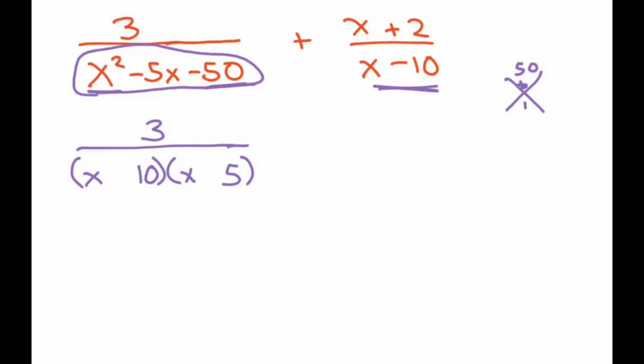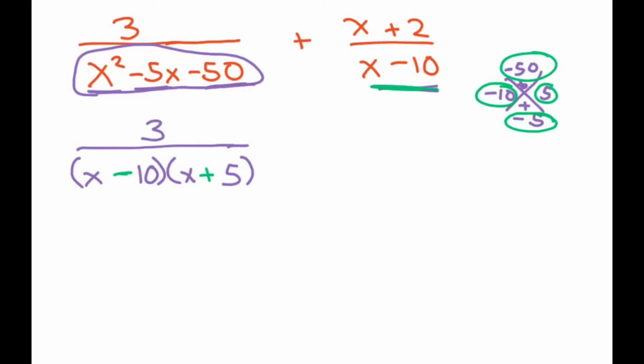And then when we're combining them, we want a negative 5. We want a negative 50. So since we have a negative 5, I'm going to use negative 10, positive 5. So what we have is negative 10 times 5 is negative 50, and negative 10 plus 5 is negative 5. So that works. Our 5 needs to be positive, and our 10 needs to be negative.